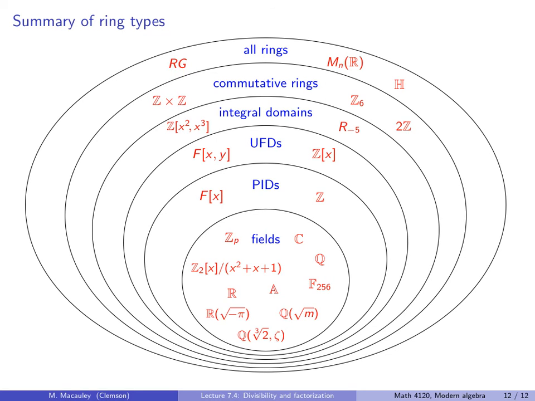And I should mention one last thing, that I did not include Noetherian in here for several reasons. First of all, you can define Noetherian for non-commutative rings, though you have to distinguish between being left Noetherian and right Noetherian, depending on whether chains of left ideals or right ideals end up stabilizing.